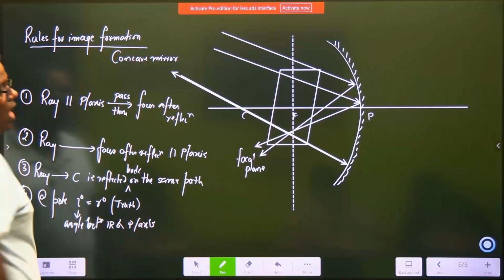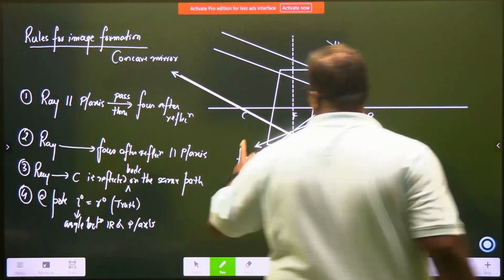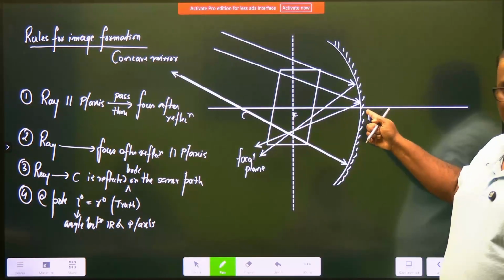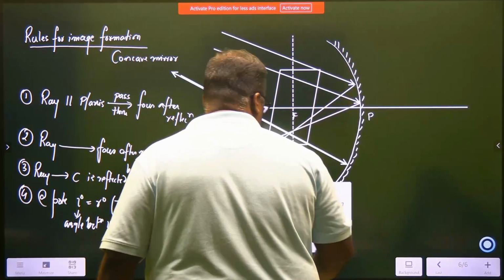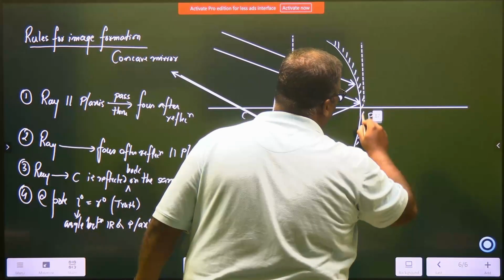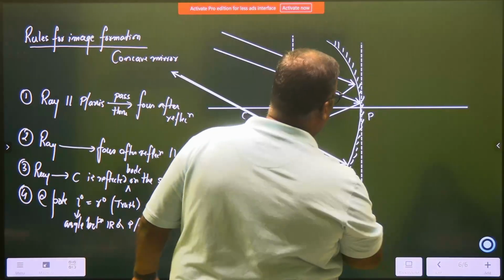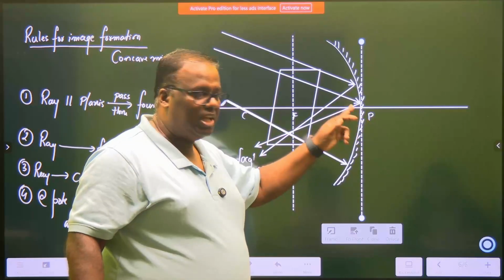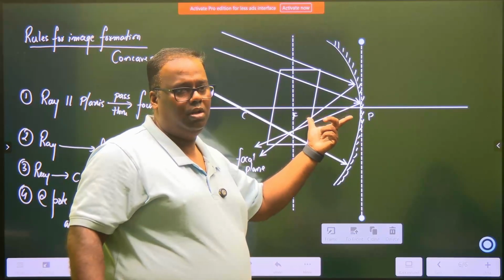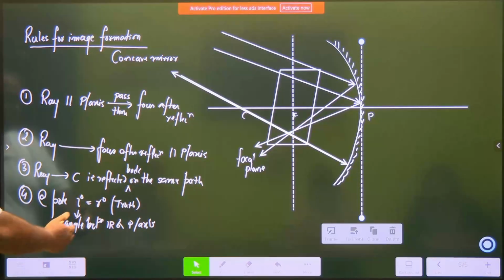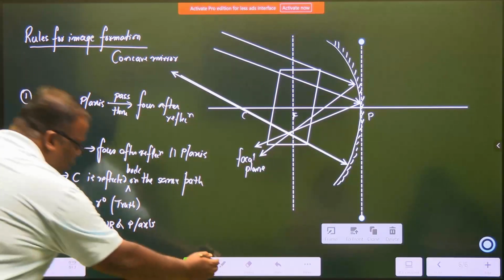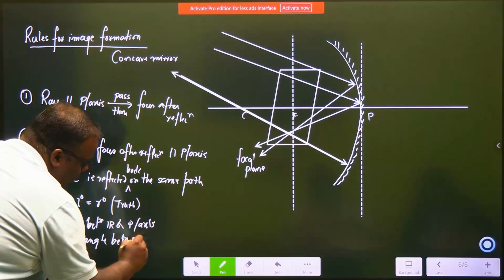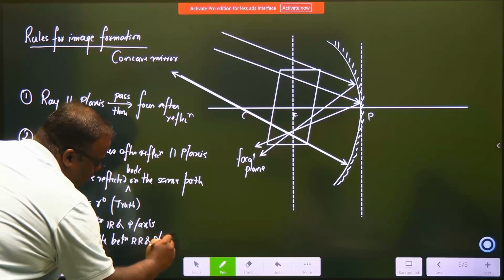See, at pole, what is the beauty at pole? Look here, at pole, this is my radius, this is the point of contact, right? So my tangent will be actually perpendicular to the radius. Do you agree or not? So any ray which is incident out here at the pole, for that ray, the principal axis itself is the normal. So we say that the angle between the incident ray and the principal axis will be equal to the angle between the reflected ray and the principal axis.